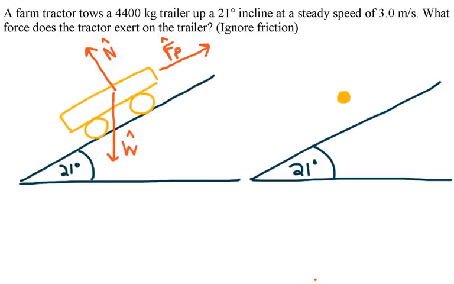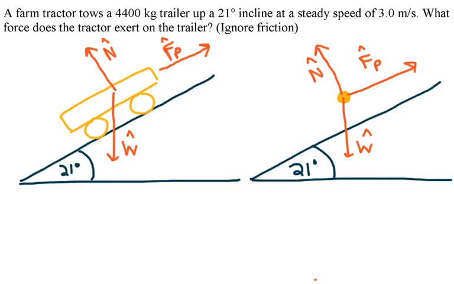We've got our force pull, pulling up the road, and we've got our normal force acting straight up, best that I can do there. Then we've got the weight acting straight down from that point. There's the weight. Now there's our free body diagram.